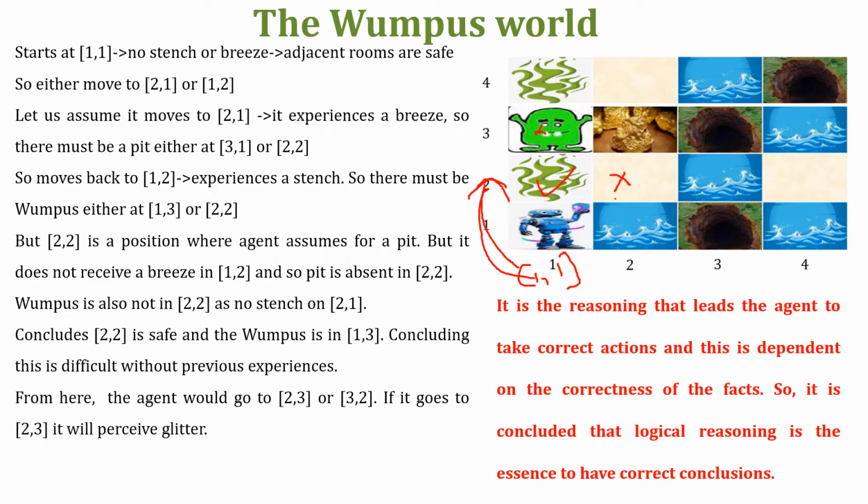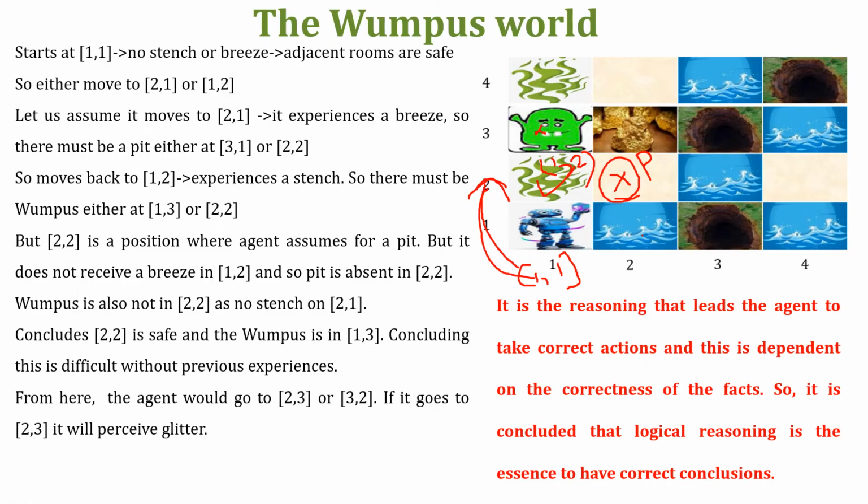But 2, 2 is a position where the agent assumed a pit when it traversed location 2, 1. But it does not receive a breeze in 1, 2. Here, it does not receive a breeze, which indicates there is no pit at this particular position.